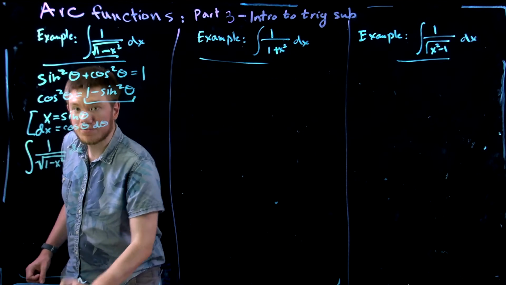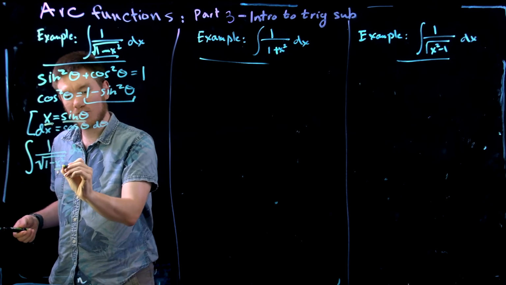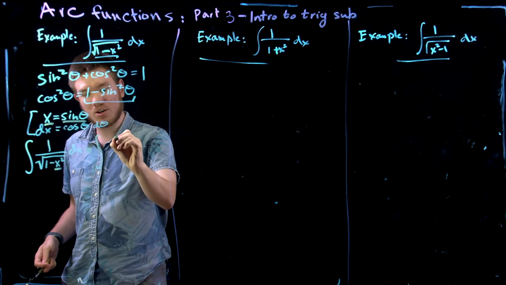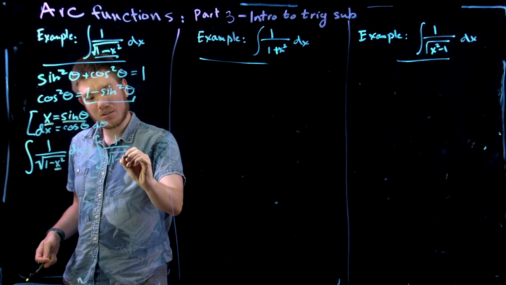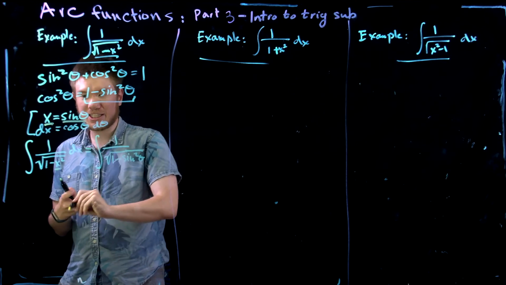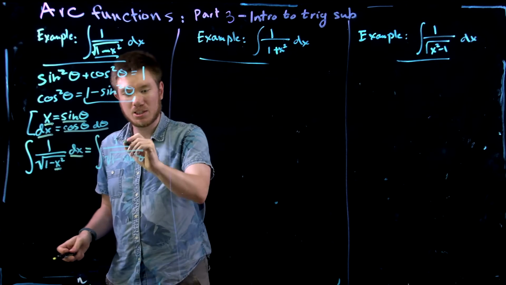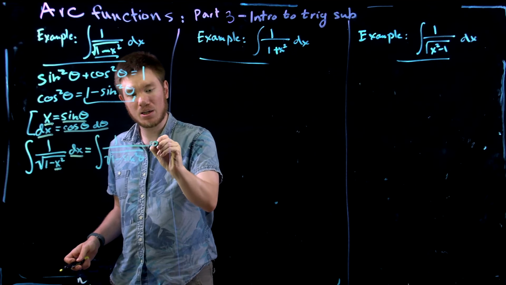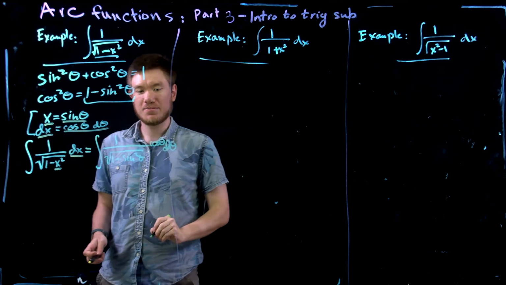Wherever we have an x, we're going to replace that with sine theta, so we'll get the integral of 1 over square root 1 minus sine squared theta. And wherever we have a dx, we want to replace that with cosine theta d theta.